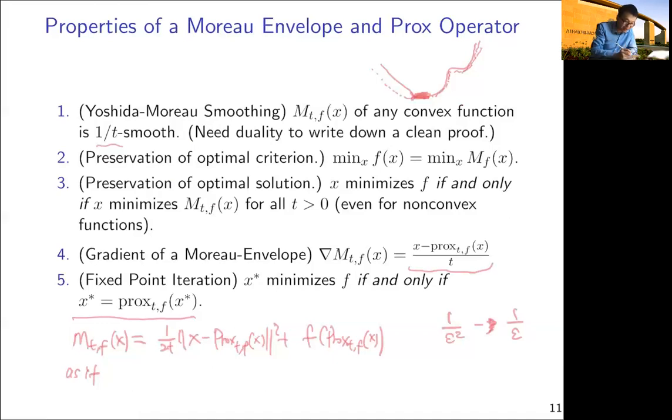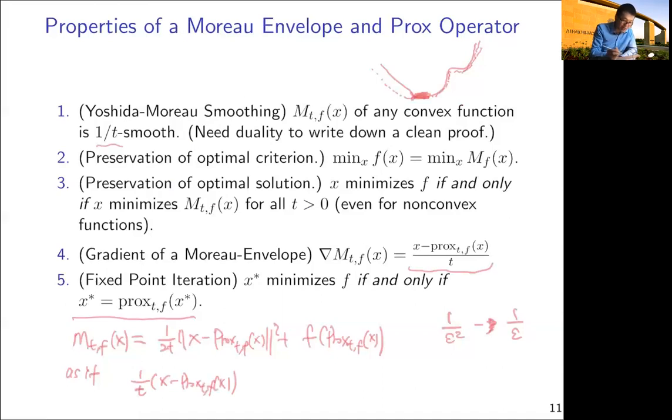So let's do the exercise. If we just abuse calculus and calculate the gradient with respect to only this first term, then we get 1 over t times x minus prox t f x, right? So that gives that.